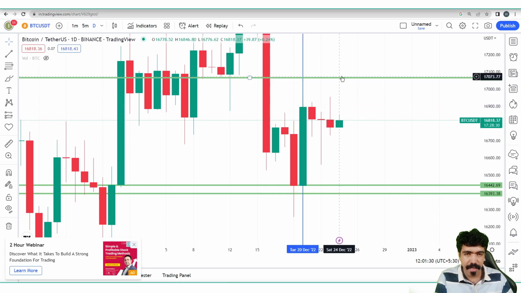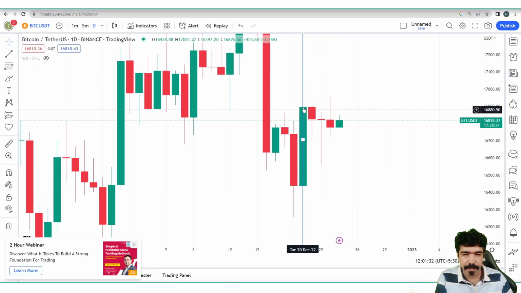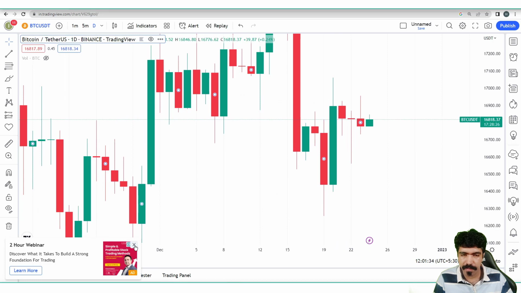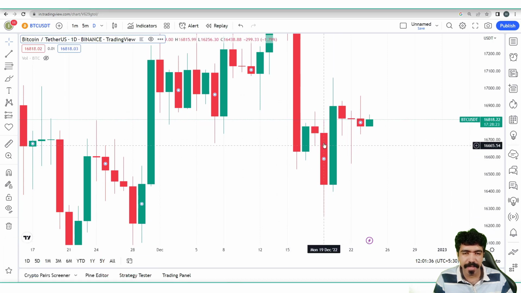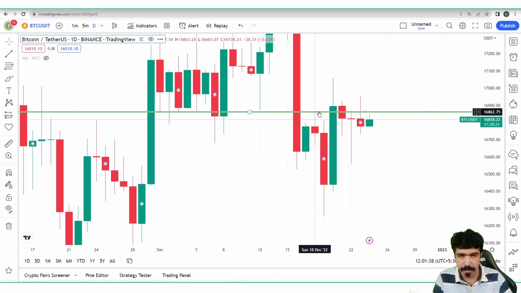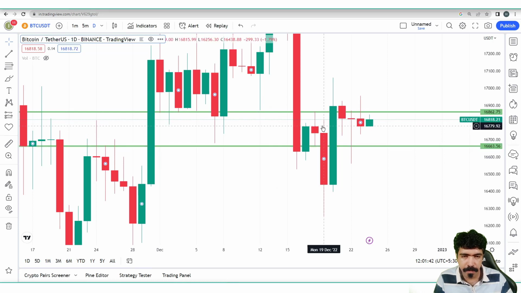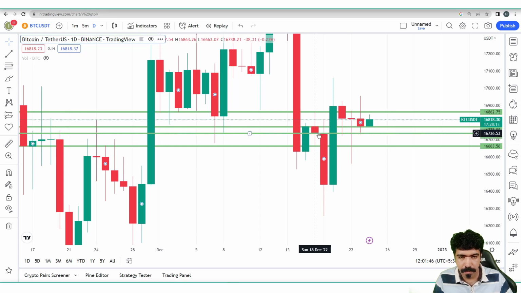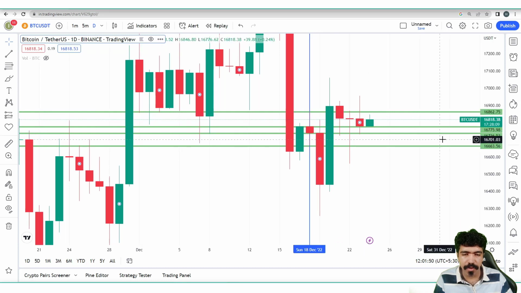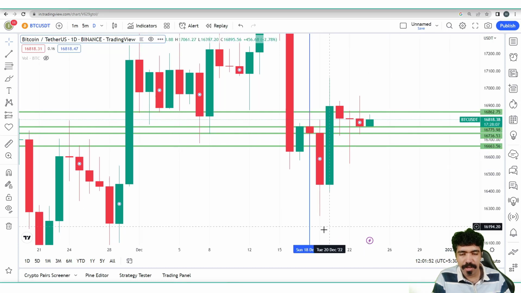Let us take one more example. The candle taken into consideration is 18th December.